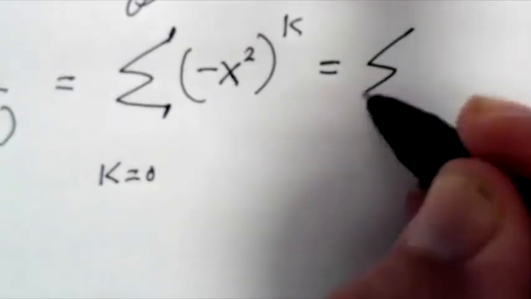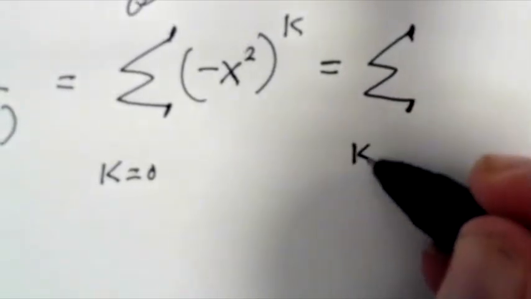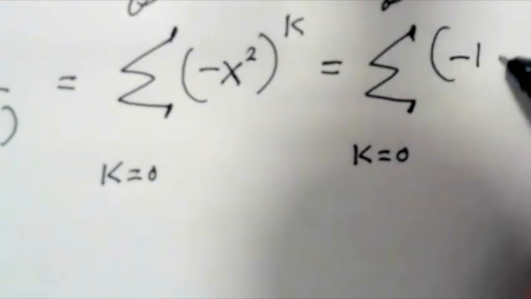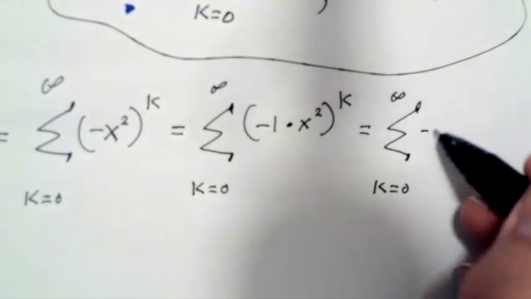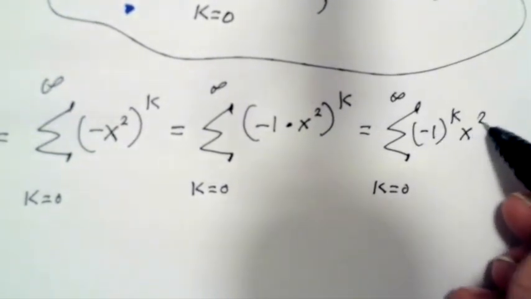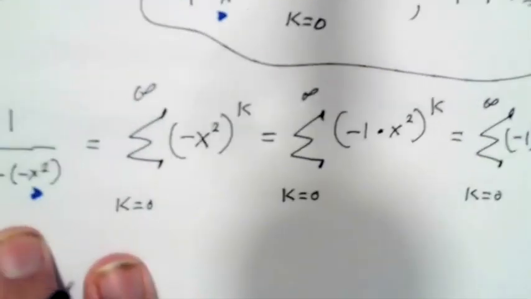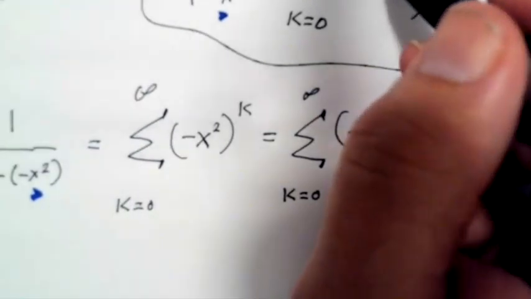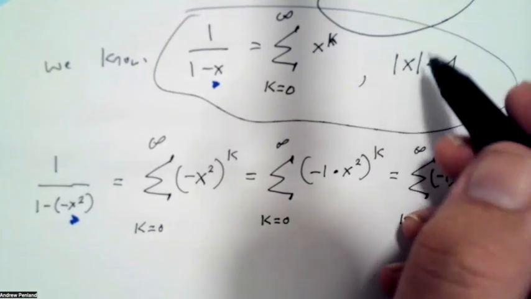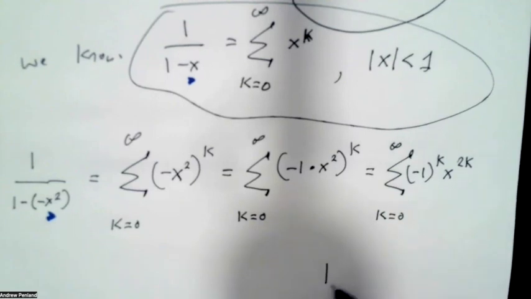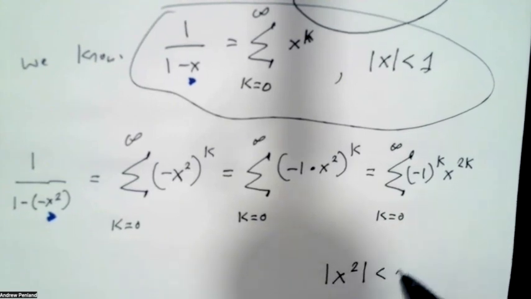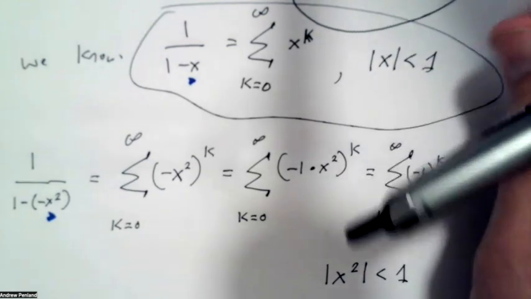So this will become the sum from k equals 0 to infinity of (negative 1 times x squared) raised to the k, which will be the sum from k equals 0 to infinity of negative 1 to the k times x to the 2k. Now the question is, when is this valid? Well, because the original expression was valid when the absolute value of x was less than 1, this new expression will be valid when the absolute value of x squared is less than 1, which in this case turns out to be exactly the same situation.